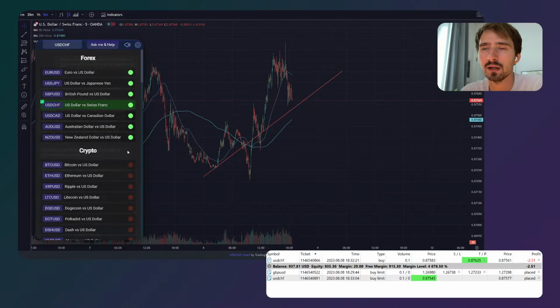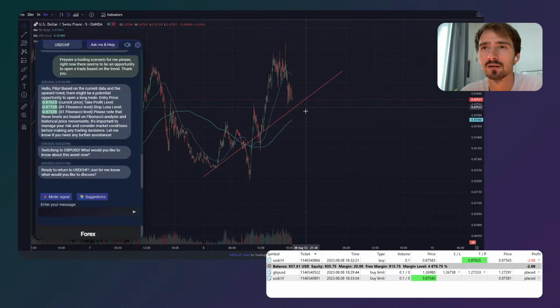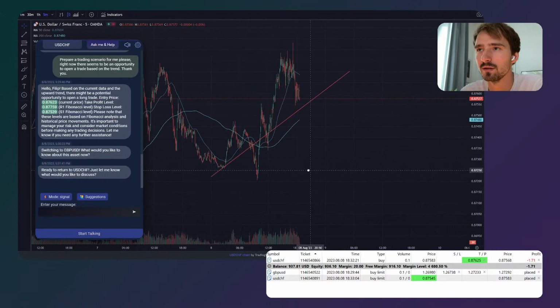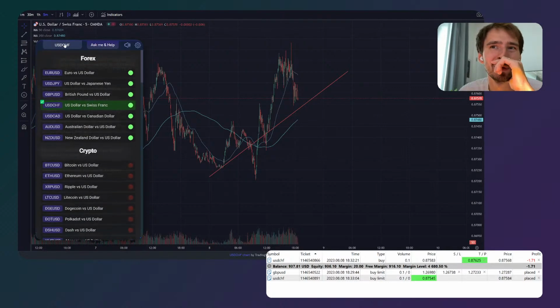When it turns green, it's enabled, and the AI will be sending you signals whenever there is something on the horizon. Please don't try to enable all of them, because I've tried it and you're just flooded. It's a constant stream of messages, and it's not really nice. It's not meant to be an overwhelming tool, you know what I mean?